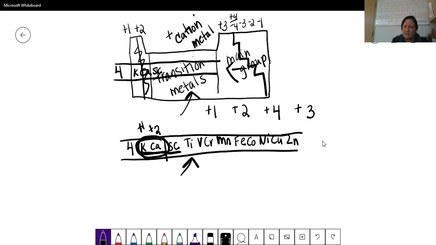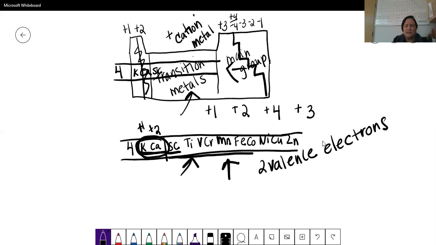Now, we don't do electron configuration in this level of a course, but trust me when I tell you that all of these elements right here have 2 valence electrons, okay? Electrons in the outermost shell.